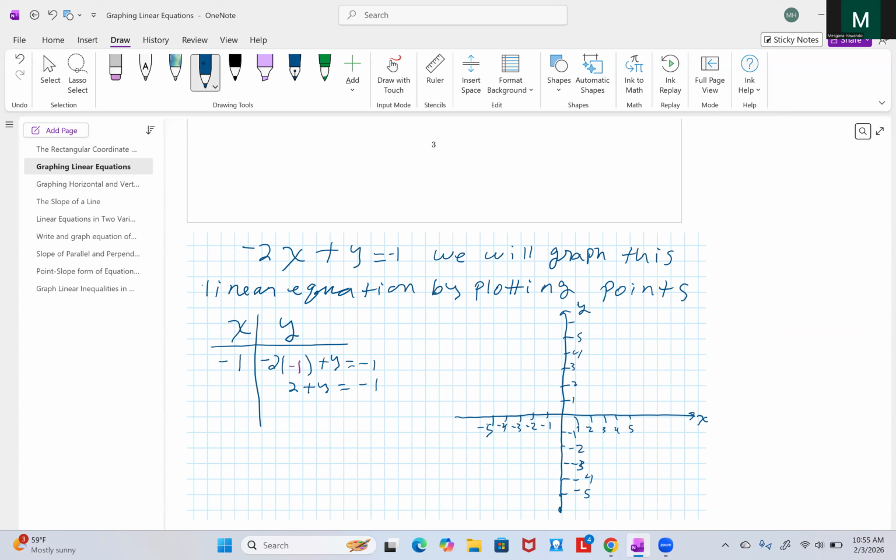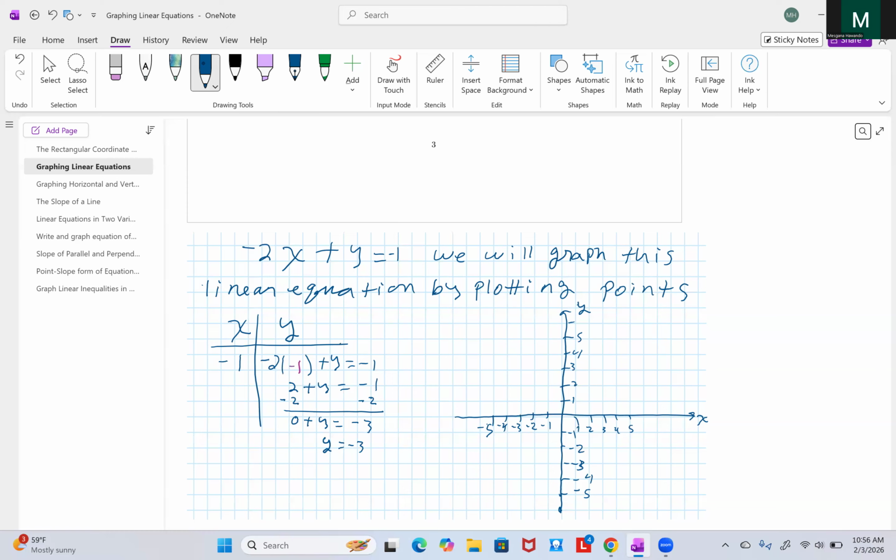Solve for y. We subtract 2 from each side to isolate y, and this gives us 0 plus y is equal to -3. 0 plus any expression is that expression itself, so y is equal to -3.